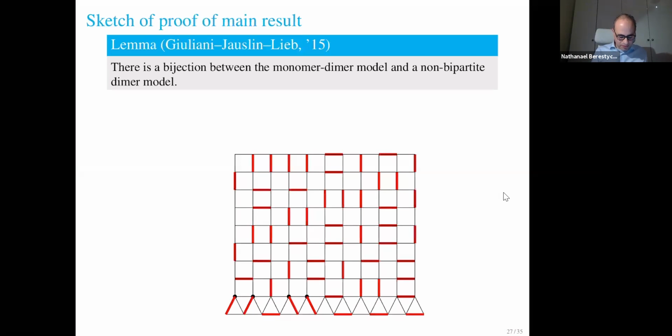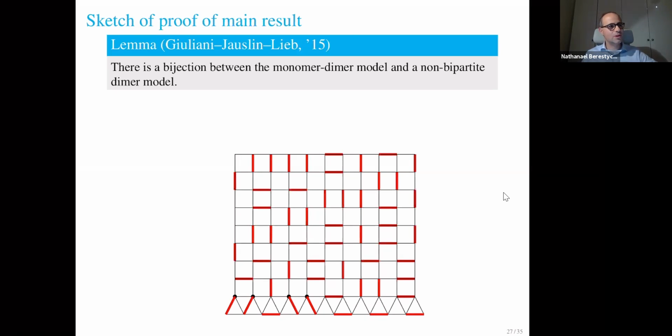And this extended graph, what you do is you just add triangles everywhere on the part of the boundary where you would have allowed monomers. And instead of monomers, there are going to be dimers living on this graph. The trouble with this graph is that it's non-bipartite because we've added triangles, so that complicates the story a bit, but it's still a very nice observation.